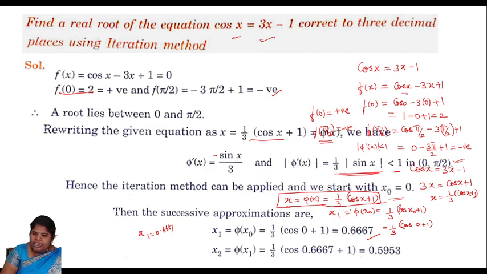So 1 by 3 cos of 0.6667 plus 1, which is 0.5953. So the value of x2 is 0.5953. Now substitute x2 again in this expression, so we get x3.